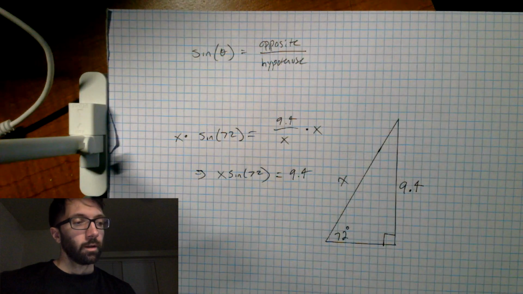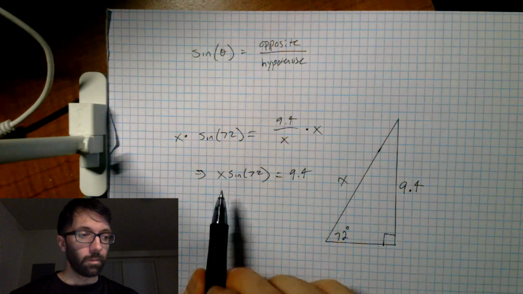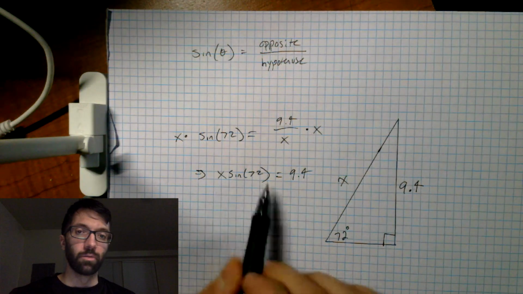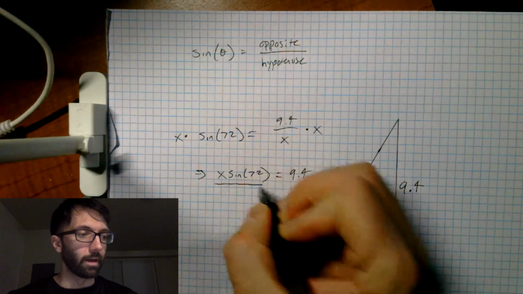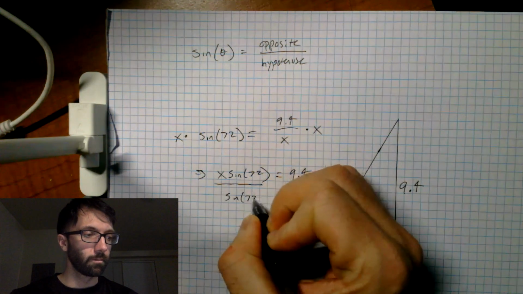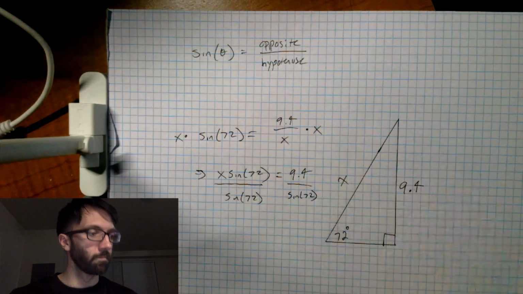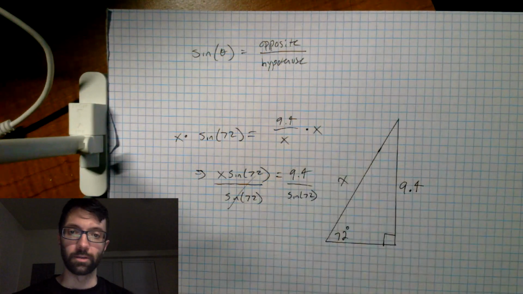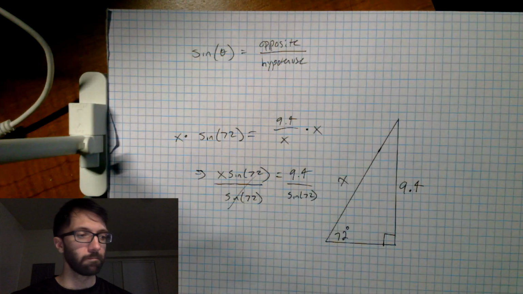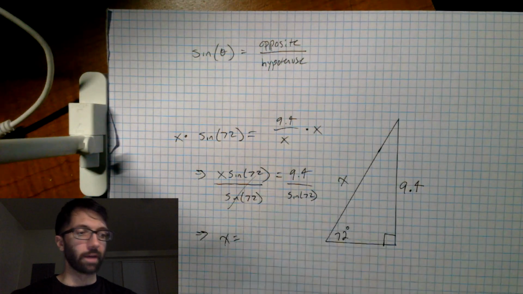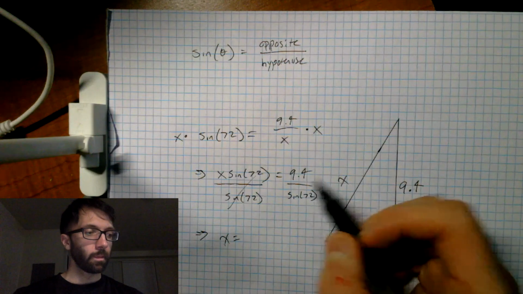Now, to solve for x, I need to divide both sides by the sine of 72. That cancels the sine ratio there and finally leaves me with x equals this.